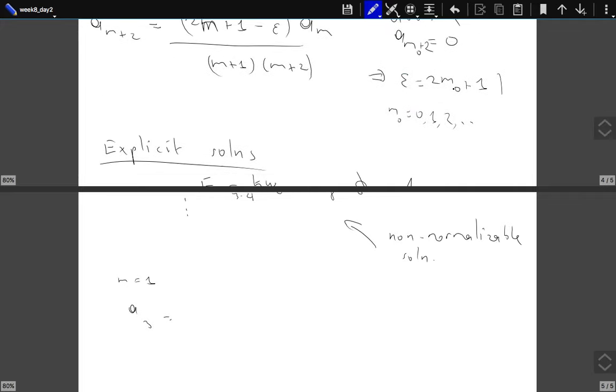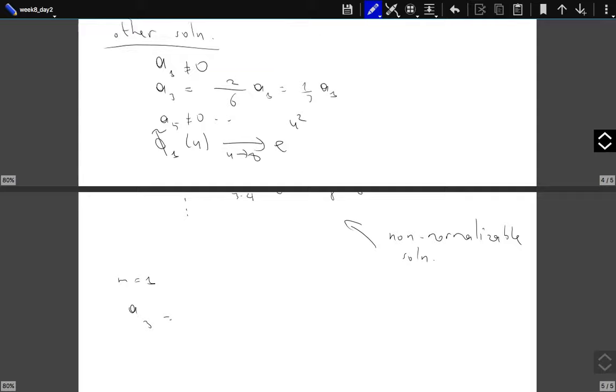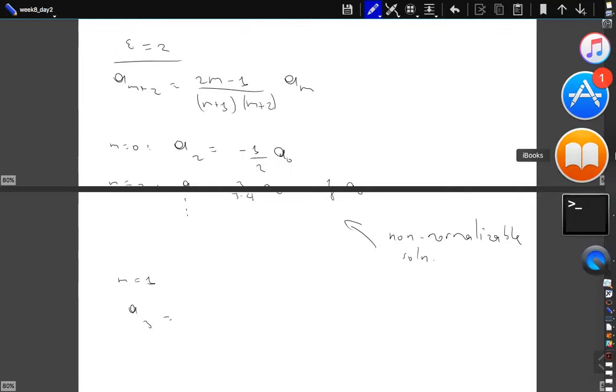Epsilon is 2m0 plus 1. So the first one I looked at the case m0 equal to 0, now I'm looking at m0 equal to 1, so epsilon is equal to 3. Epsilon takes odd values. So epsilon equal to 2 is not a possible solution.